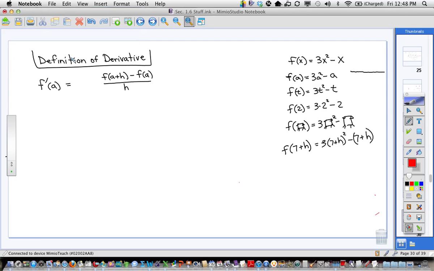But now, the problem is that right there is simply slope between 2 points. Right? That's just average rate of change.